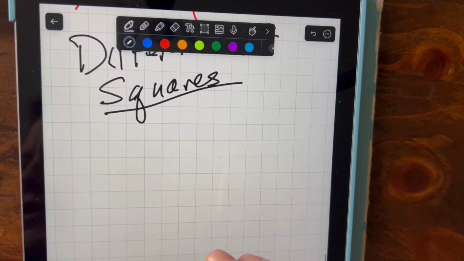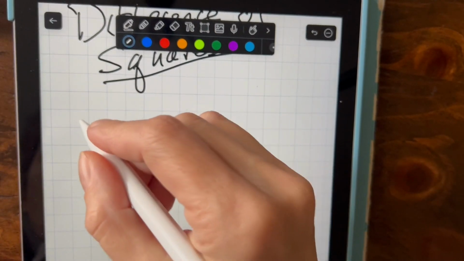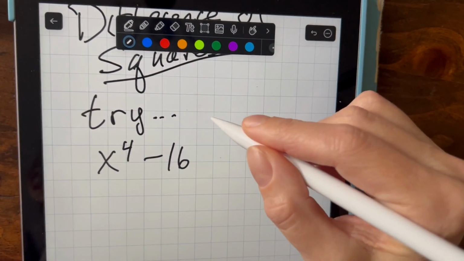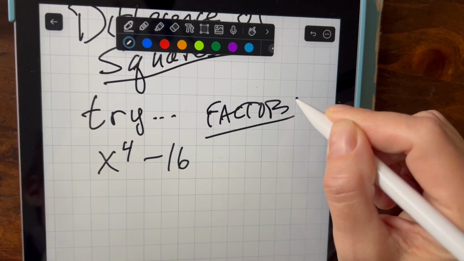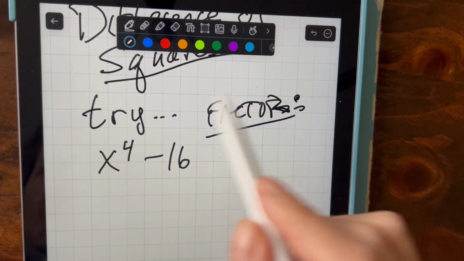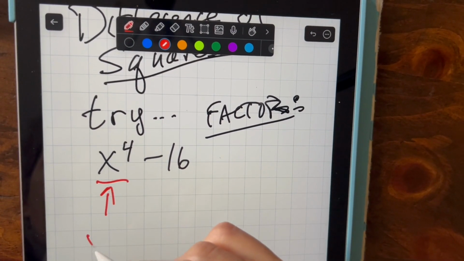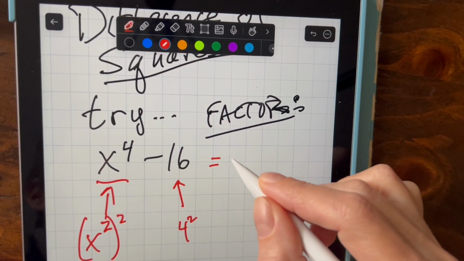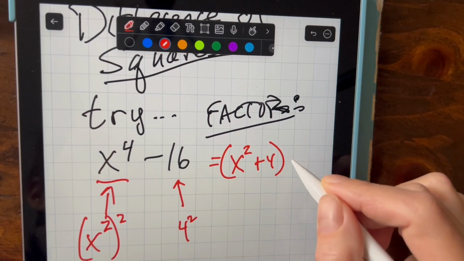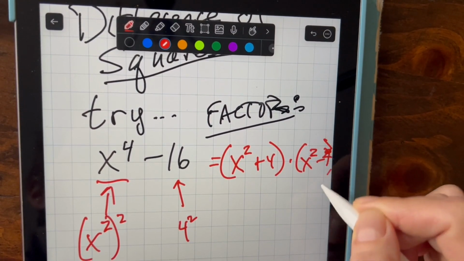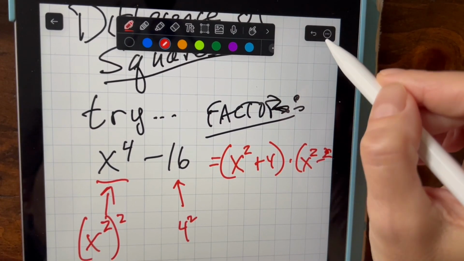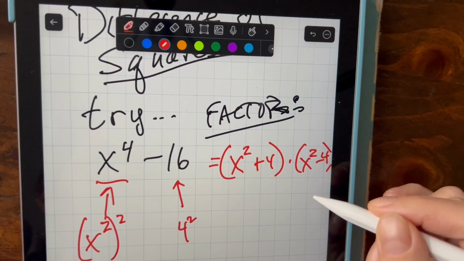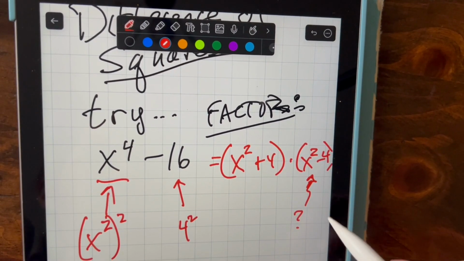What makes it even more useful, let's try another example. Try x to the fourth minus 16, factor. Well, this is x squared, and this is 4 squared. So this is equal to x squared plus 4 times x squared minus 4. But now this can be factored.